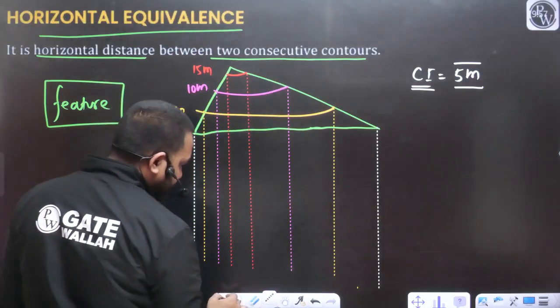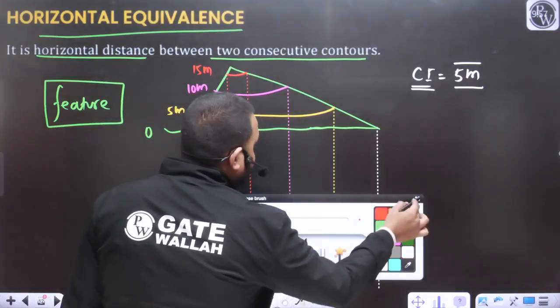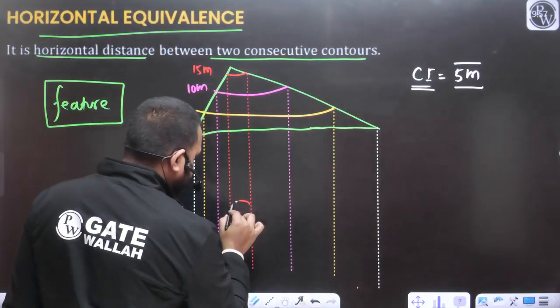Can I locate this contour of 15 meter like this?